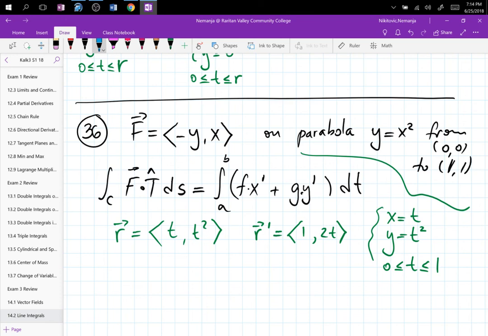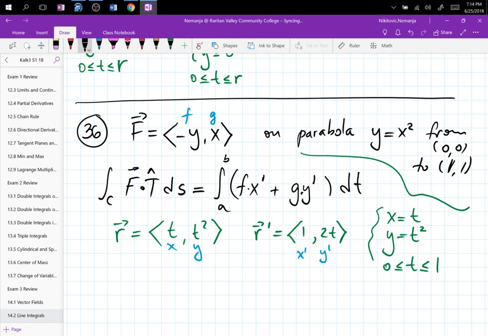Look at this. Your vector field, capital F, is your f and your g. And your r is your x and your y. And your r prime is your x prime and your y prime. There we go.